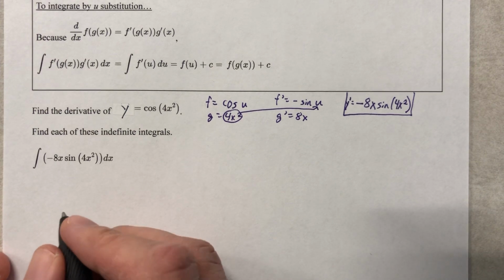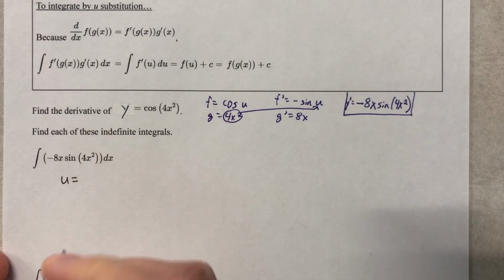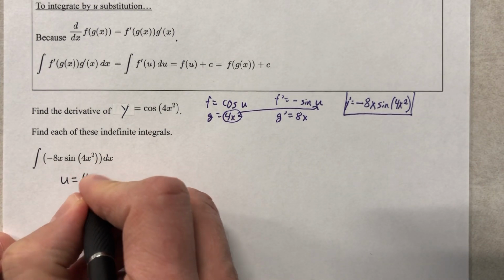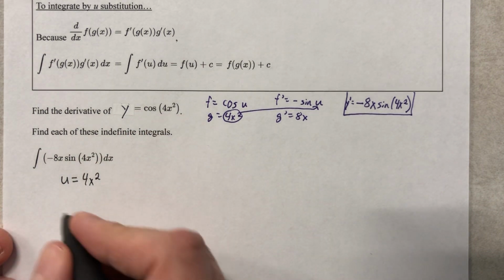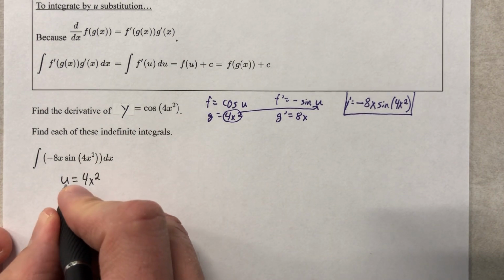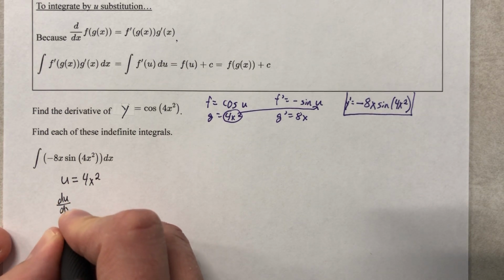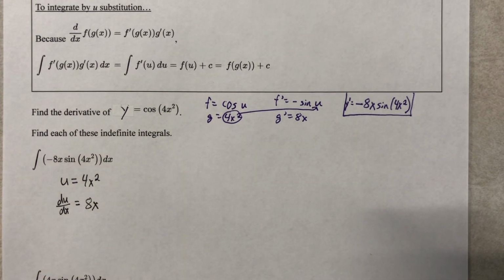So here goes. First time we ever do this, what I recommend you do is identify the innermost function, which in this case would be 4x squared. Now let's be honest. We know the answer is this. We're aiming for that. What is the derivative of this with respect to x? That would be 8x, okay?